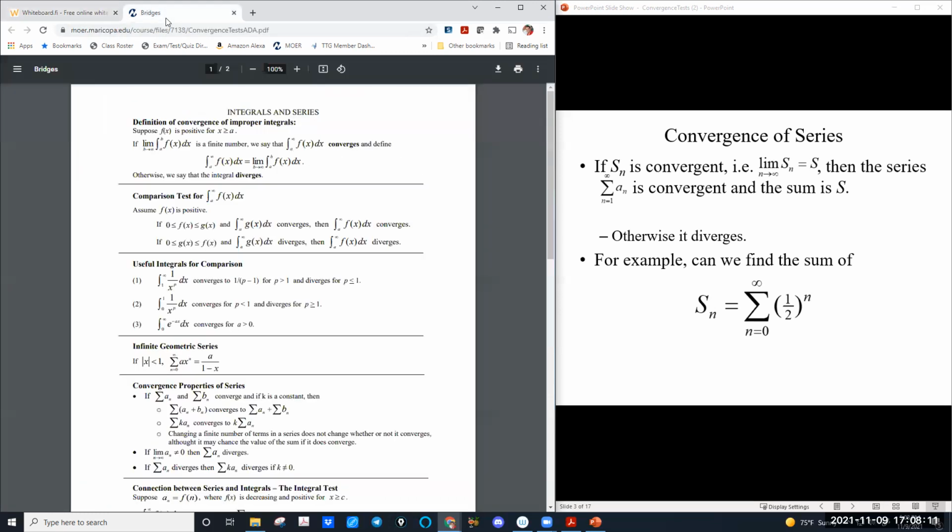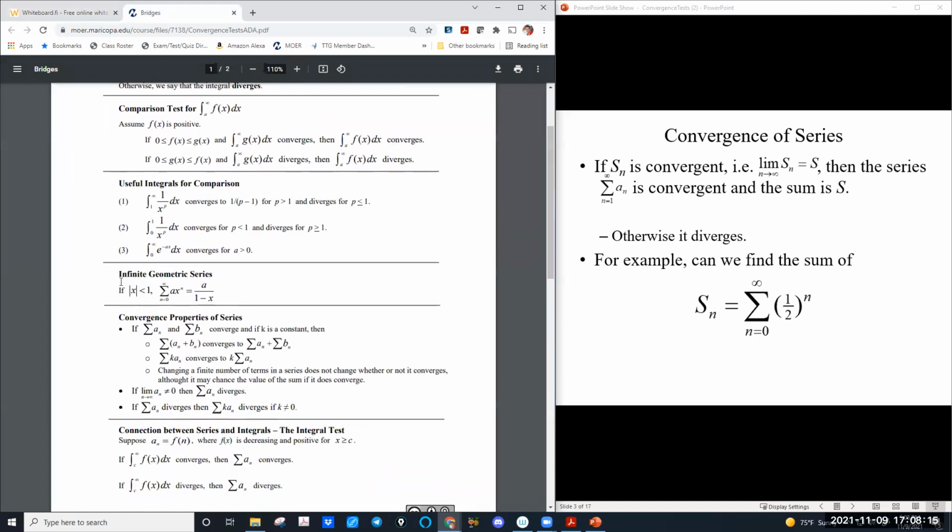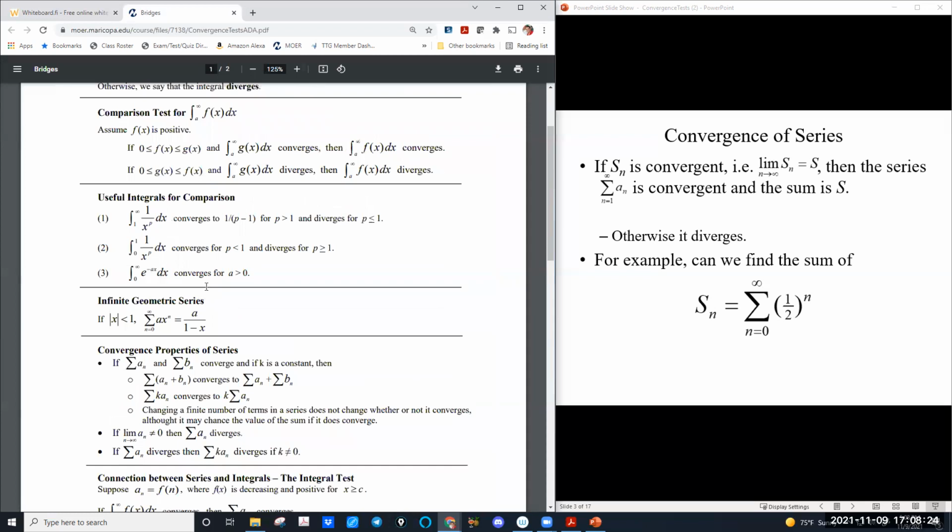Well, let's go over to our sheet here. Infinite geometric series. Notice here's the base of our geometric series. X is the base for our common ratio. If the absolute value of that common ratio is less than 1, then the series converges, and we can find what it converges to: the first term over 1 minus the common ratio.